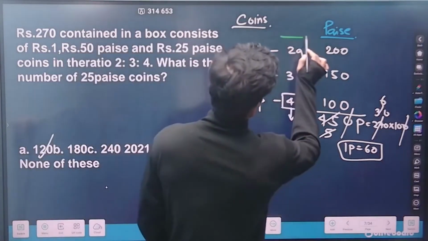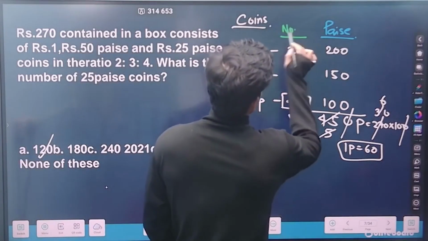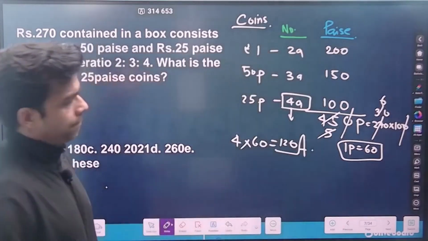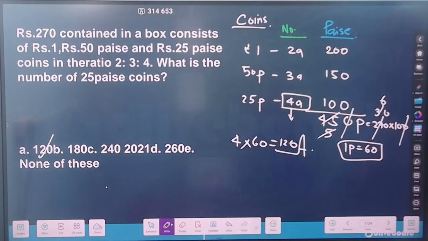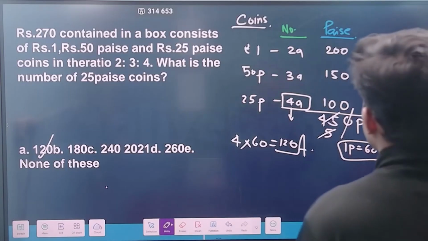Here you can write down number of coins. A very good question, guys, and a previous year question, I would say. Try everything, guys. I hope this makes sense. Let's go for the next question.